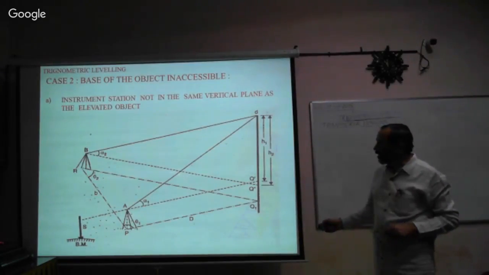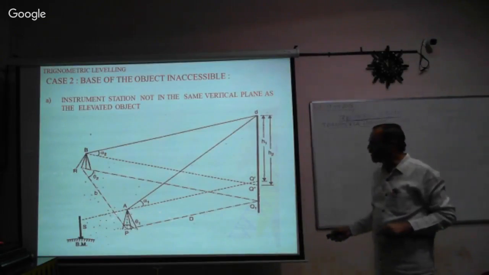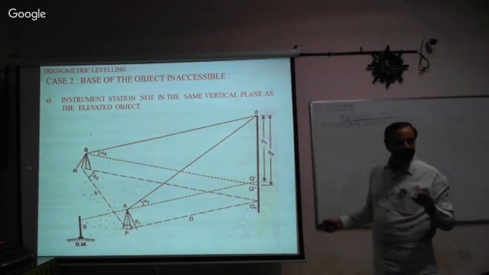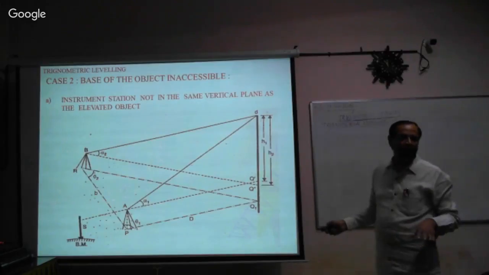Also identify station 2 and measure the horizontal angle, then shift the instrument to the next station and repeat the process. Make the line of sight horizontal, then measure the vertical angle, that is alpha 2, then measure the horizontal angle in the triangle on the ground.